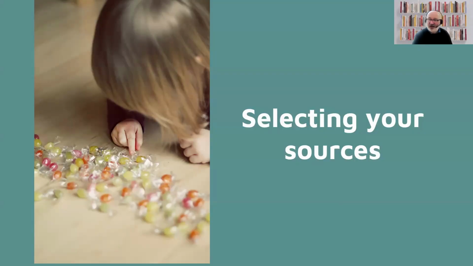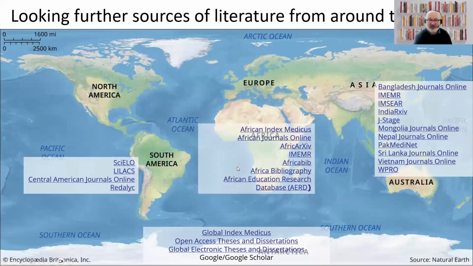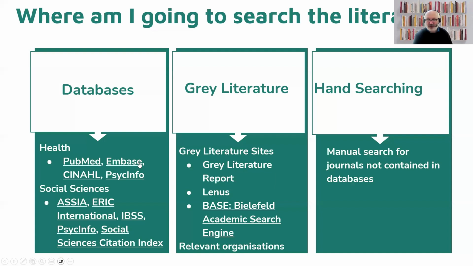Okay, so I'm going to continue on. Okay, so selecting your sources. Earlier on, I said make sure you do select the right resources for your question. These are some of the databases. This is not an exhaustive list, it's only indicative.